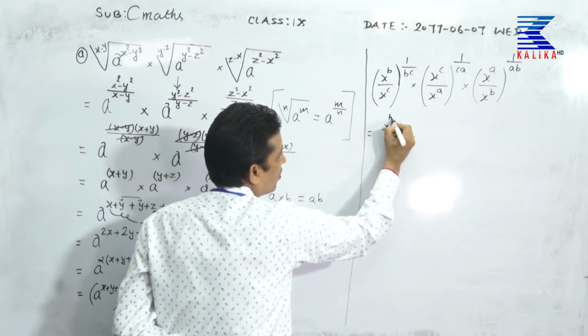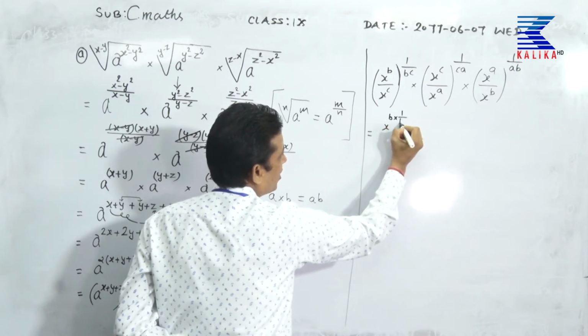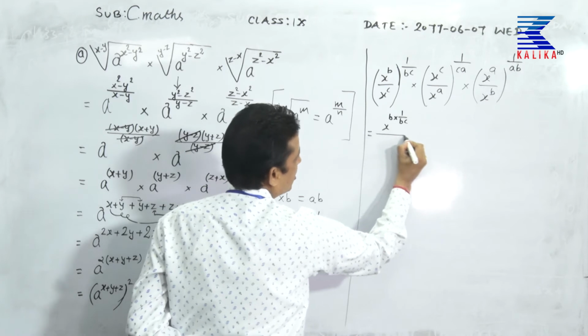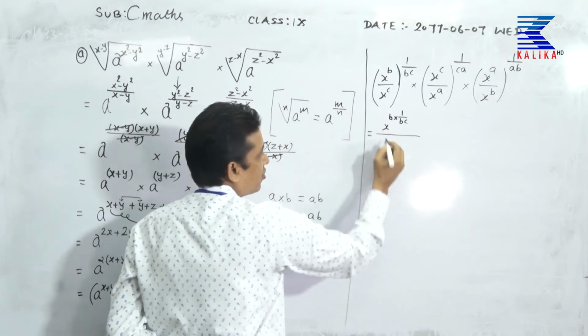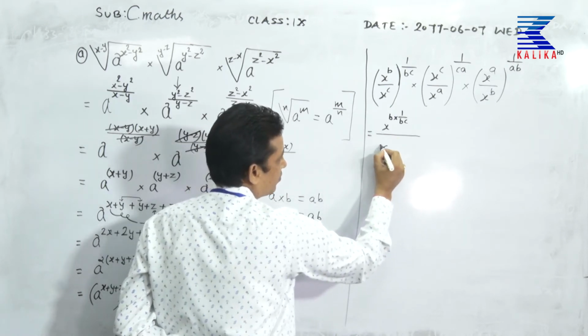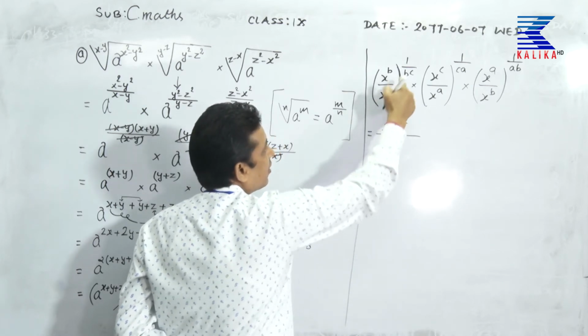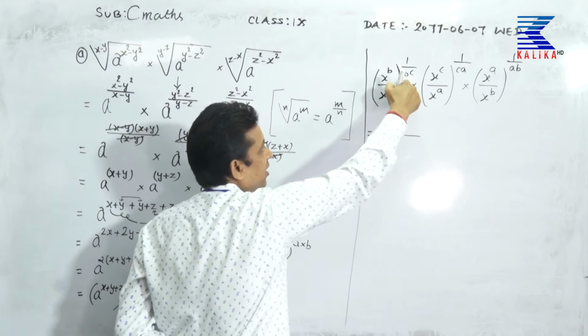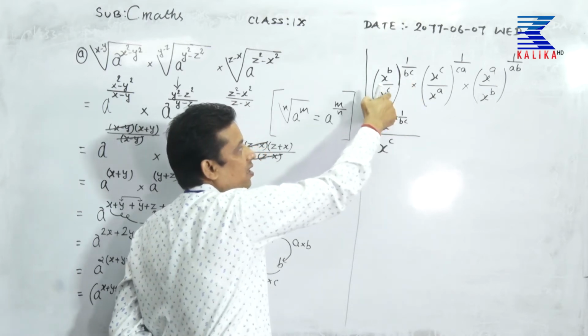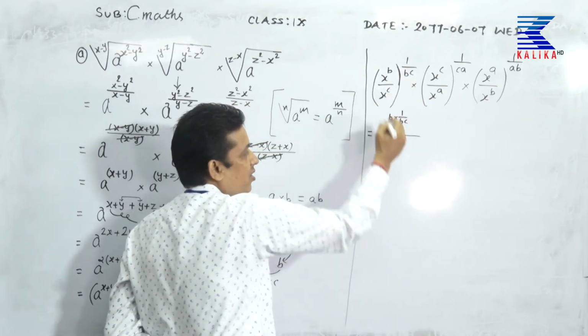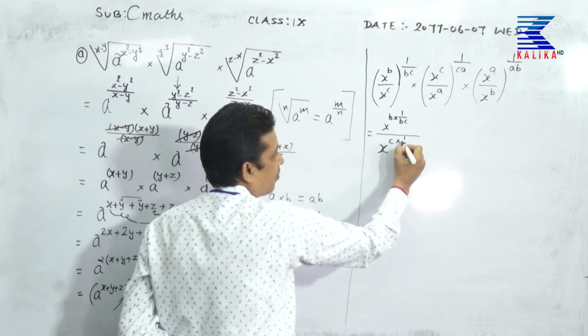So, we have to remove the bracket and multiply these two powers. Similarly, dear students, x to the power c is here, and this power 1 by bc is raised on x to the power c. So, these two powers should be multiplied.